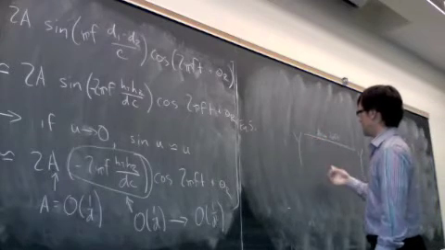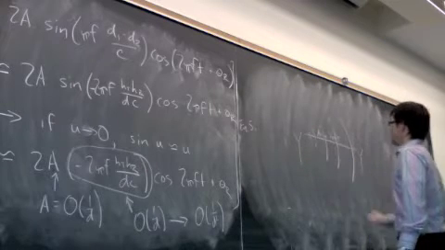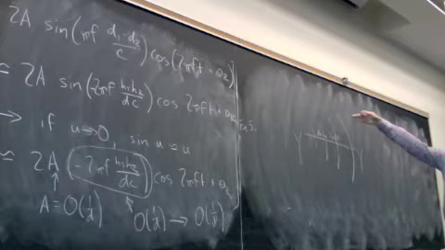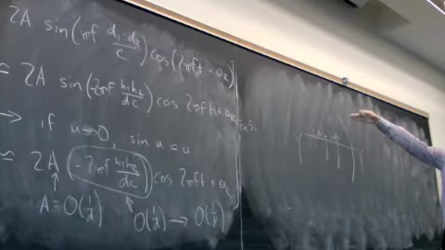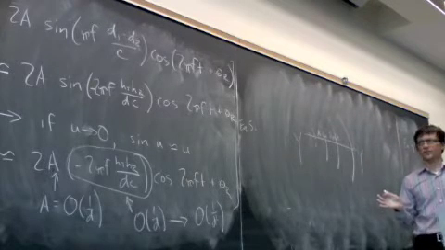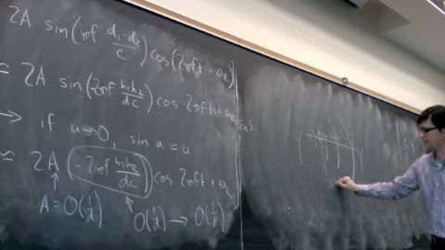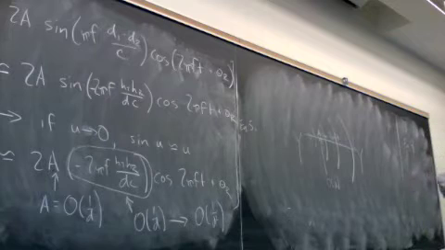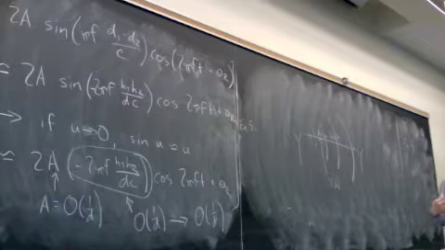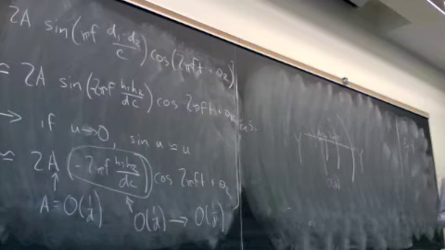But if this were free space and there was no second path, because the wavefront is expanding and the power is distributed over the surface area of a sphere, which expands as 1 over d squared, we can argue that the amplitude decays as 1 over d. In other words, if I move away from the antenna, the power will decay as 1 over d squared. Amplitude is the square root of the power, so the amplitude will decay as 1 over d.